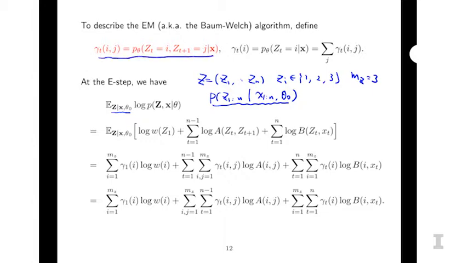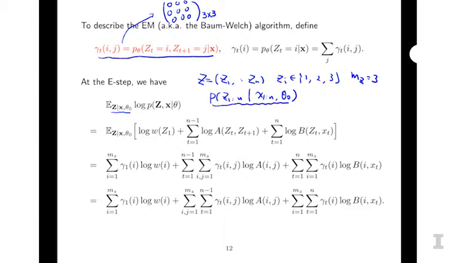You can think of this gamma_t as a matrix. If we assume m_z is 3, so there are 3 latent states, each gamma_t is a 3 by 3 matrix. Every one of the 9 entries is the probability that zt takes one value and zt plus 1 takes another value, so if you sum the 9 numbers together, they equal 1.